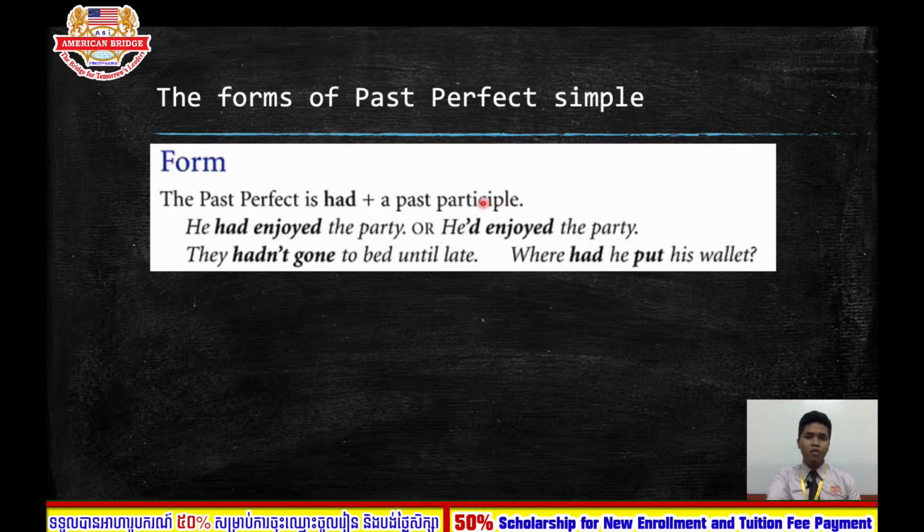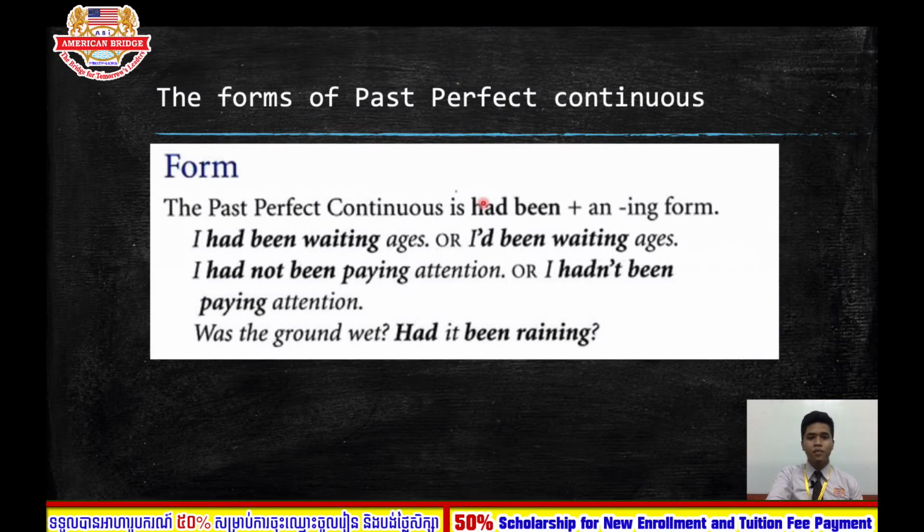So how about the form of past perfect continuous? Here you can see the form of past perfect continuous is a little bit different. We use had been plus the ing form of the verb, because been is the verb 3 already. So had been plus verb ing.